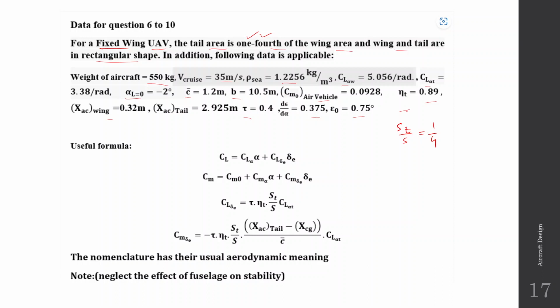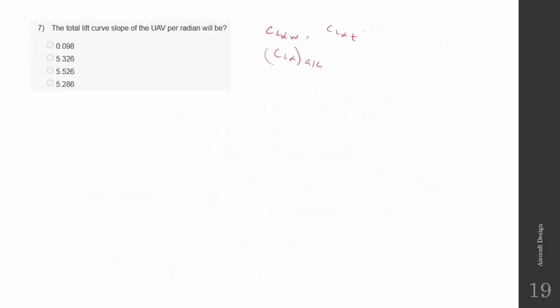Okay, so now we have to calculate the CL alpha contribution of the wing and the tail, right? So for this, we will use the formula that CL alpha of the aircraft is CL alpha of the wing plus eta tail St by S CL alpha tail.